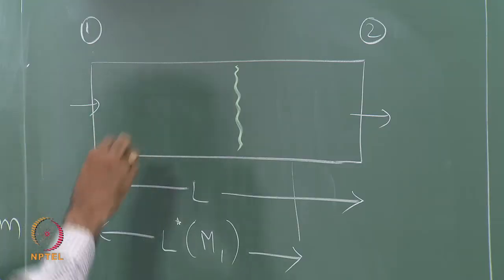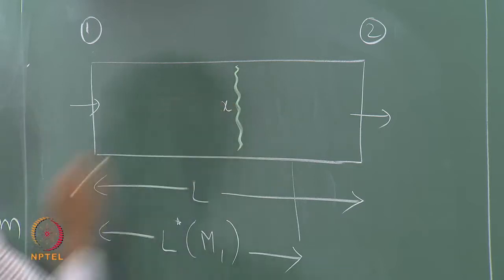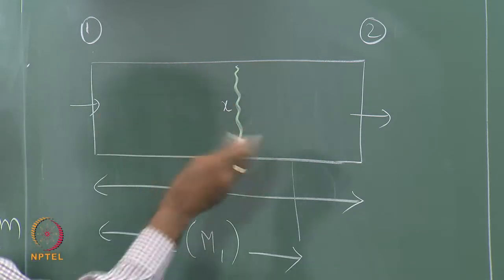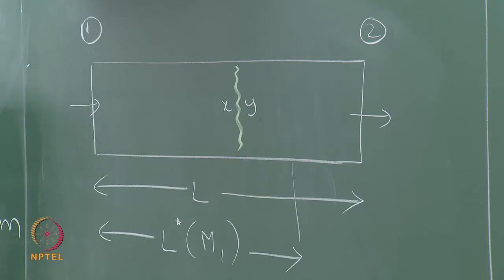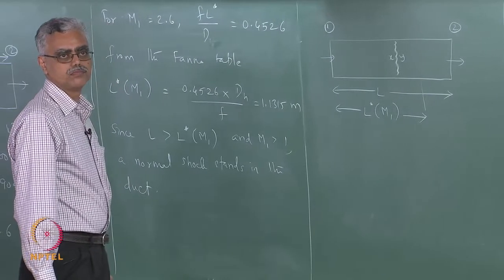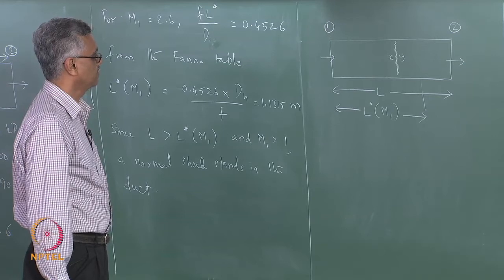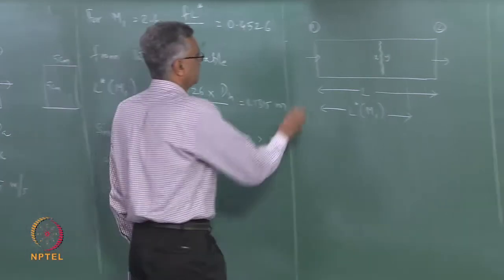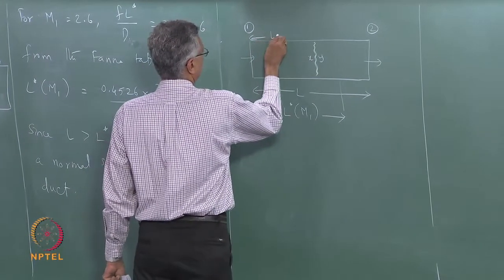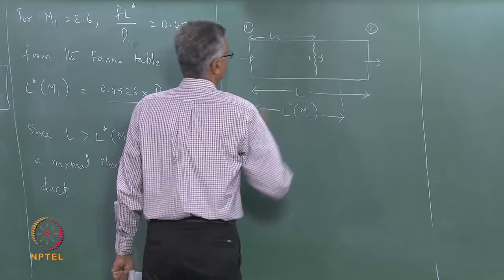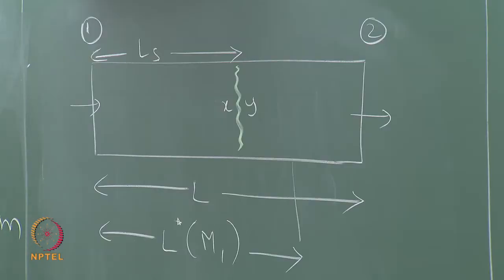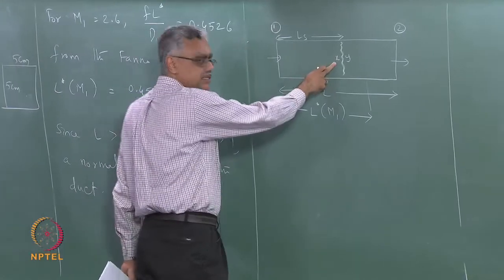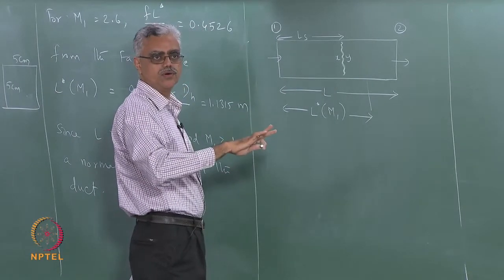Let us say that the state point just before the normal shock, let us call that X, and the state point just downstream of the normal shock, let us call that Y. Let us further state that the shock stands, let us say, at a distance Ls from the entrance of the duct. Okay. Now, state point 1 and state point X lie on the same branch of the Fanno curve, correct.